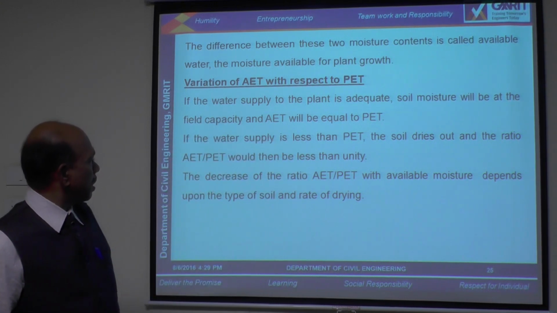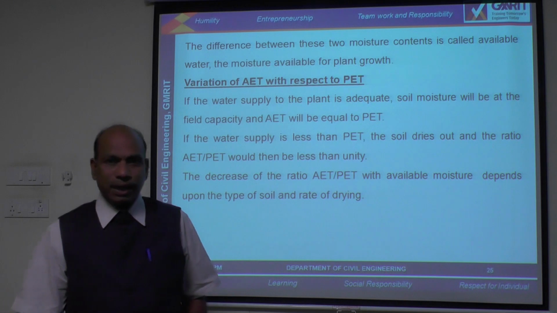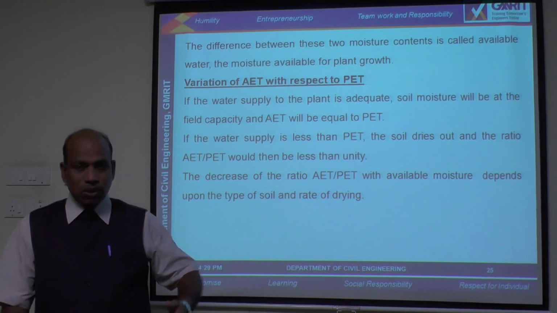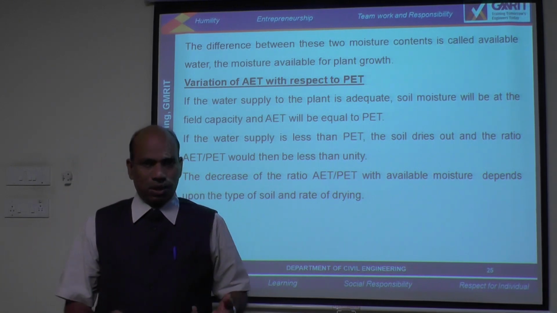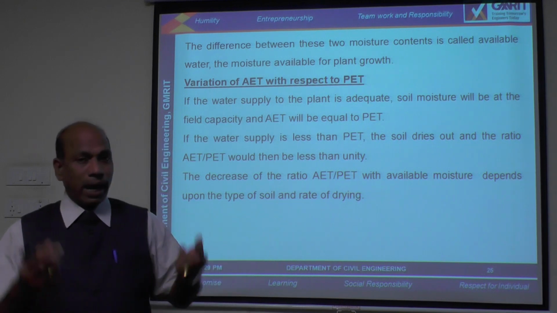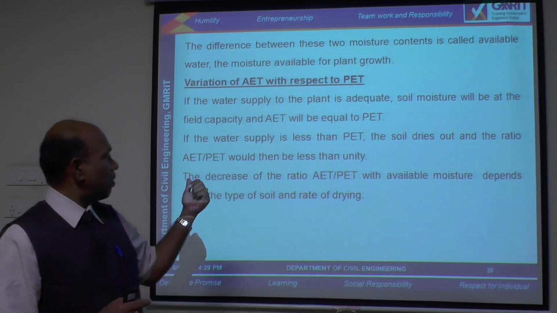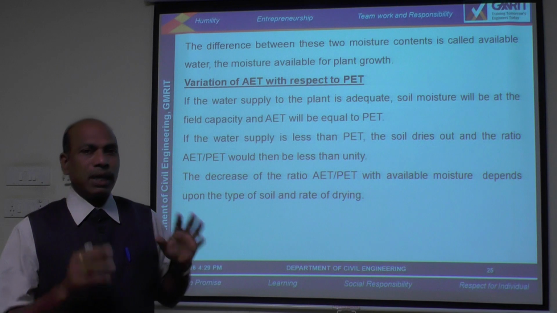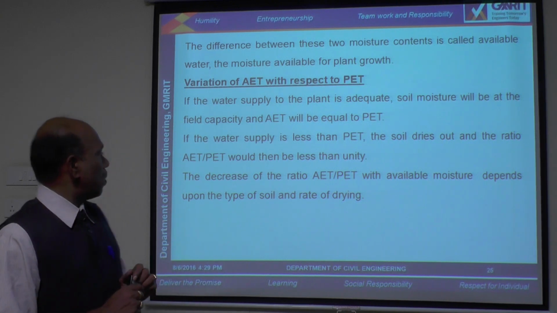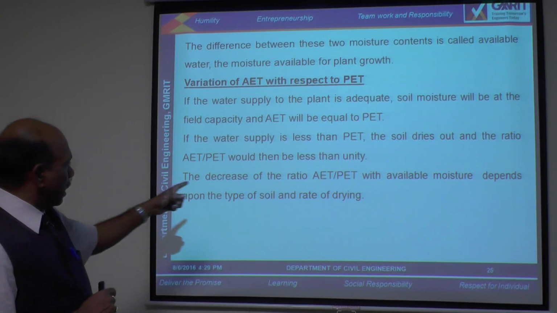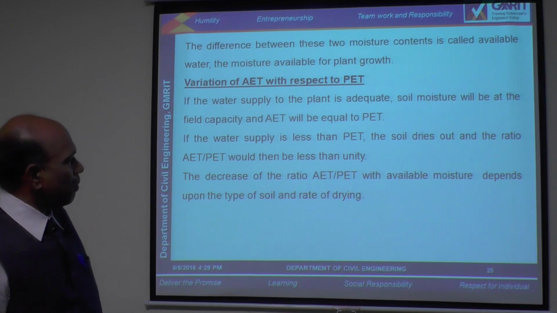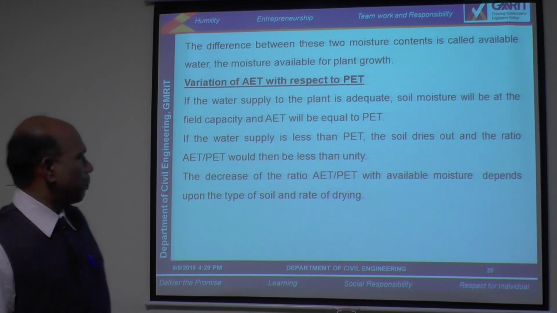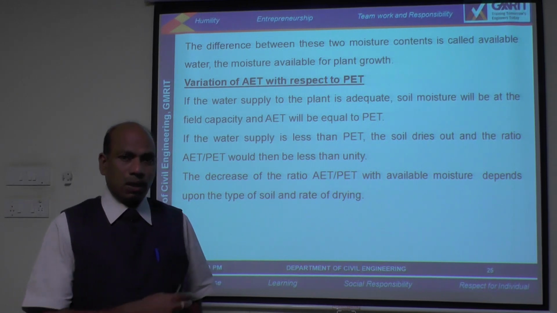The next one is if the water supply is less than the PET, that means sufficient water is not available to sustain plant growth. At this condition, the actual evapotranspiration will be less than the potential evapotranspiration. Right? The decrease of the ratio AET by PET with available moisture depends upon the type of soil and rate of drying.